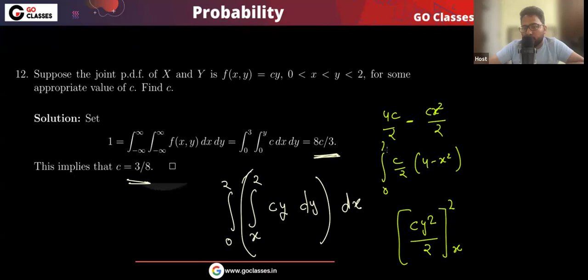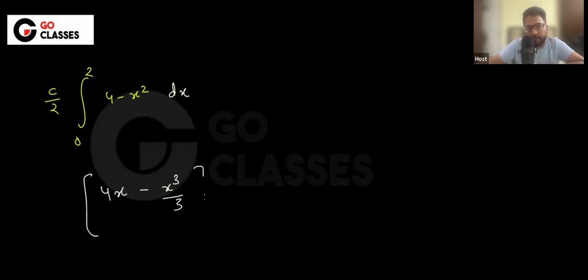So integration over 0 to 2, c by 2 is outside, 4 minus x square. What will be that? This is 4x, this is x cube by 3. This is 0 to 2, c by 2, which should be 1. For 0 anyway it will be 0.